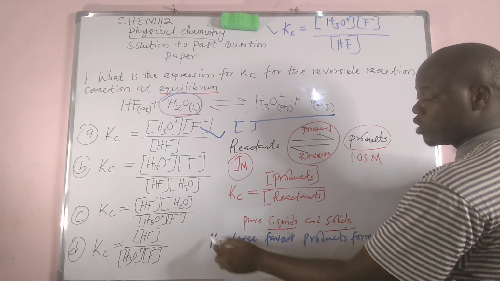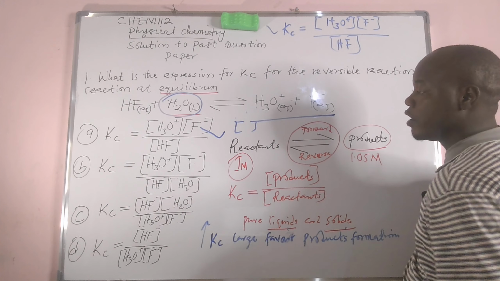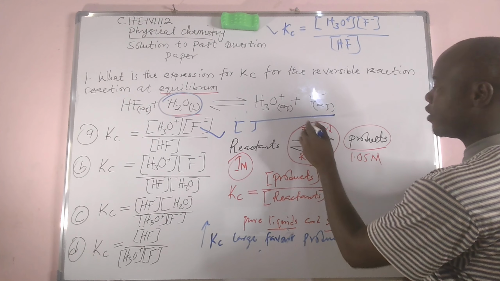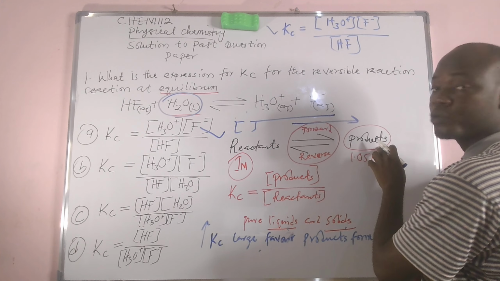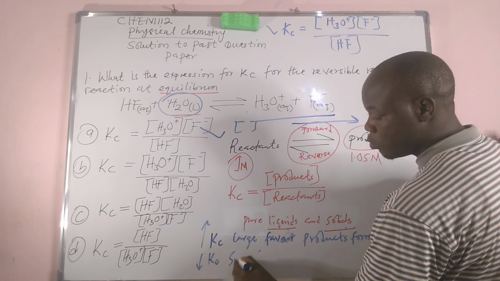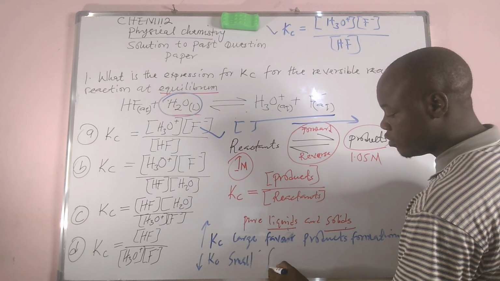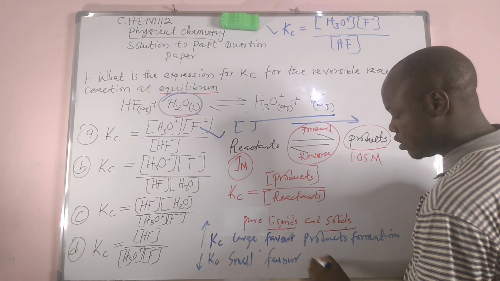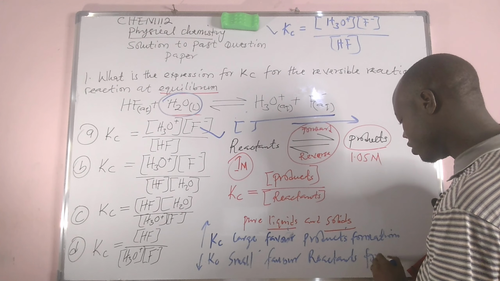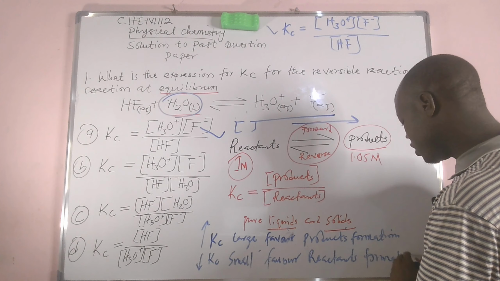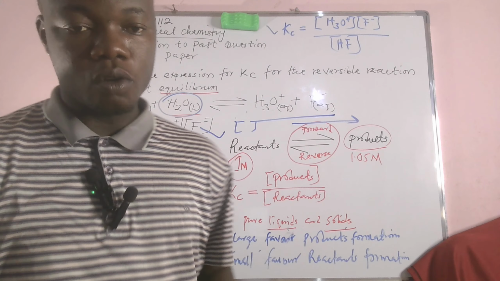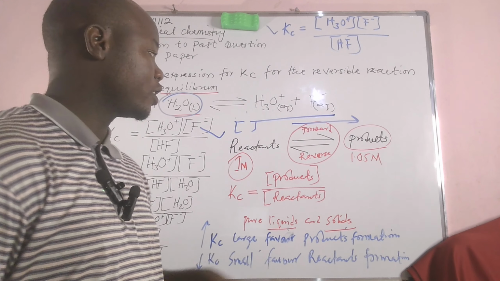What does that mean? It means that when you have a larger Kc value, or a high value for Kc, the reaction will favor more product formation. And if your Kc value is small, then it will favor reactant formation. Don't forget that I told you that the equation is said to be in equilibrium when the concentrations of both the reactant and product are equal.